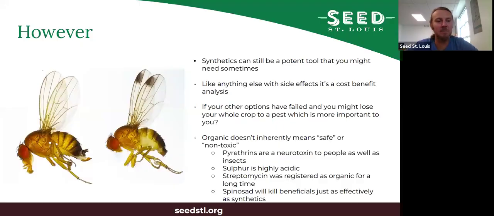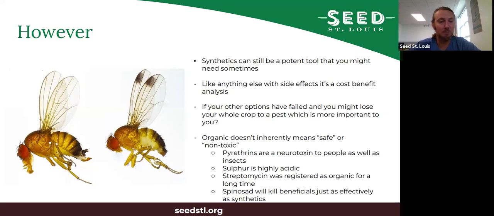And it's also important to remember that organic doesn't inherently mean safe or non-toxic. Organic just means it comes from a plant or a mineral or a fungus or something like that. But there's a lot of really nasty stuff that comes from bacteria and fungus and plants. Just as an example, pyrethrins is an organic insecticide that's sold, and it's very effective because it's a neurotoxin, including a neurotoxin to people.